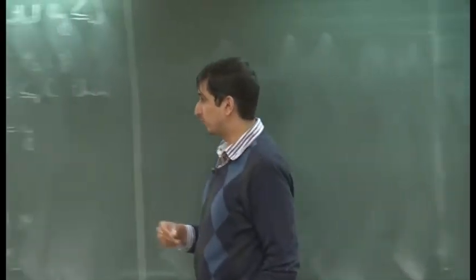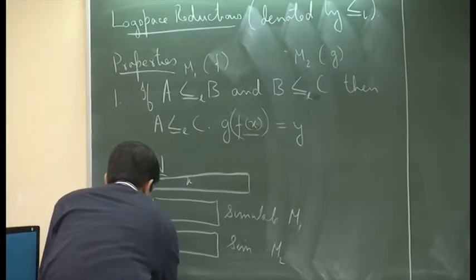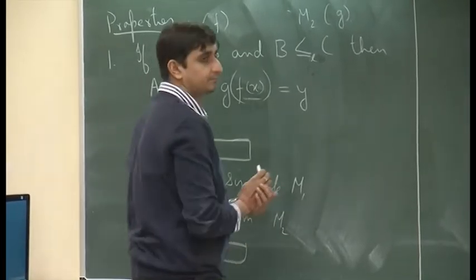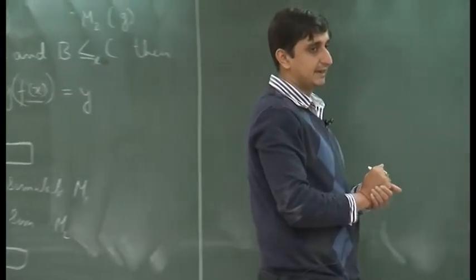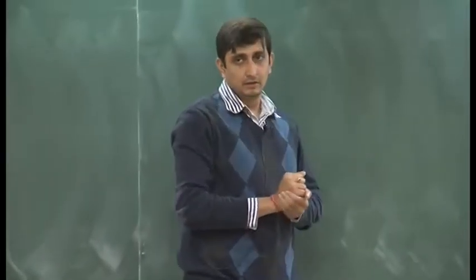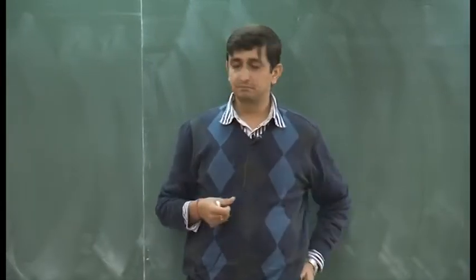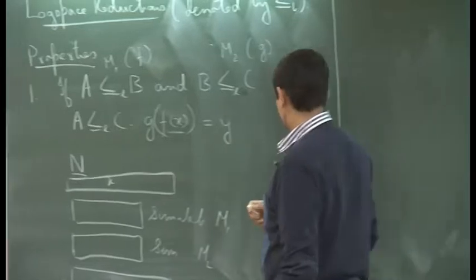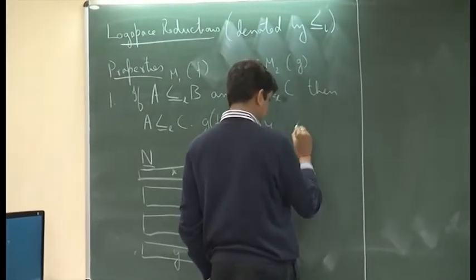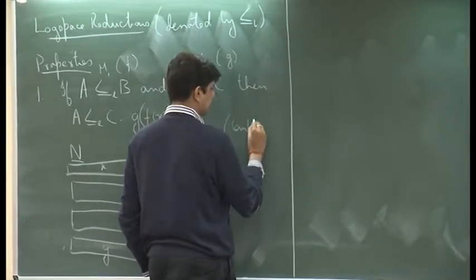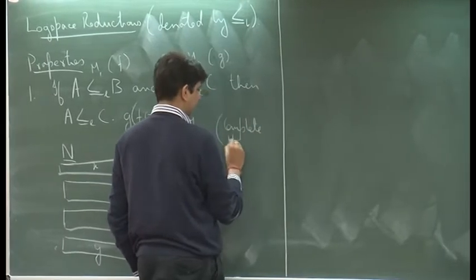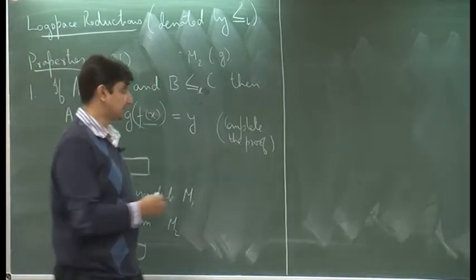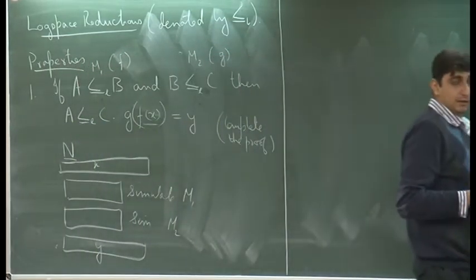Finally, on the output tape we will write g of f of x, which is y. That is the idea, and this is again possible in log space. You can complete the proof; essentially, you just follow this idea.